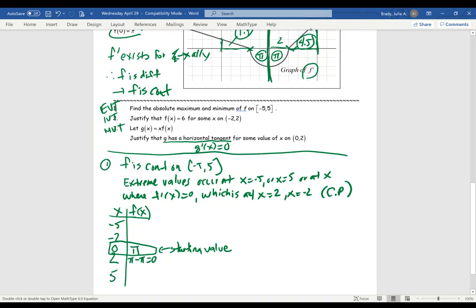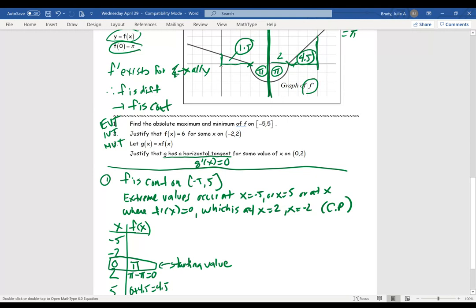And then 0 plus 4.5 is 4.5. Now we're going to go backwards. So pi minus negative pi, so really we're adding. This is 2 pi. And then we have 2 pi minus 1.5.